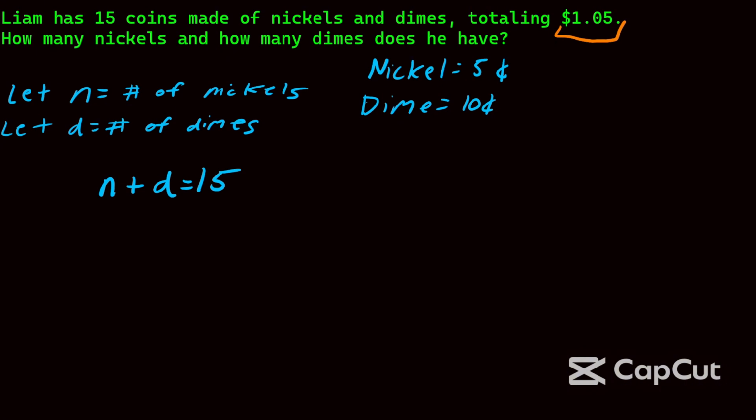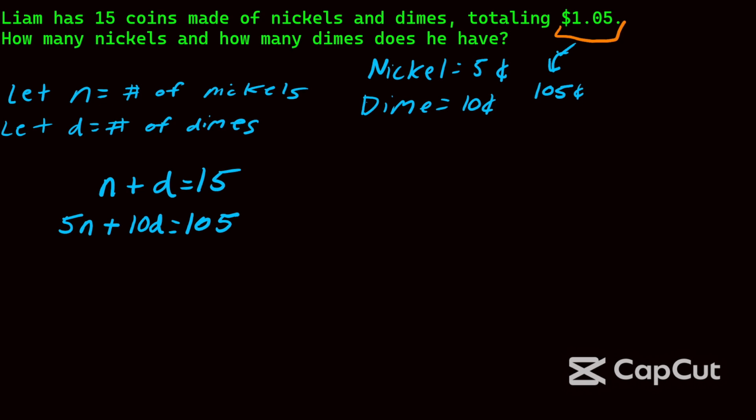Okay, so what I'm gonna do is just change this $1.05 into 105 cents, right? That's what $1.05 is, right? Because there's 100 cents in $1. So now I have 5 times the number of nickels plus 10 times the number of dimes equal the total number of cents, which is 105.